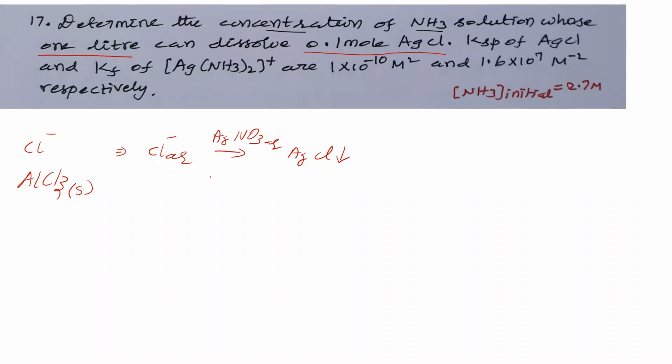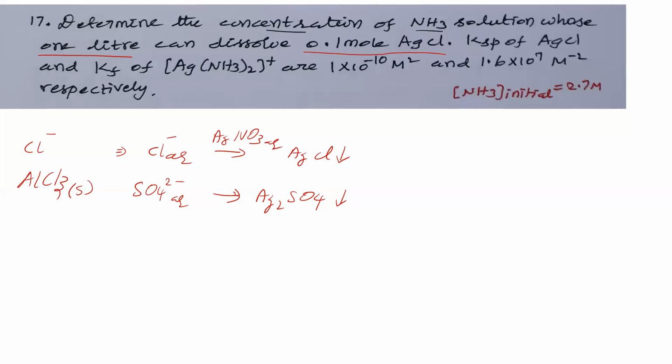If the given salt contains sulfate, then with silver nitrate it gives silver sulfate, which is also a white precipitate.